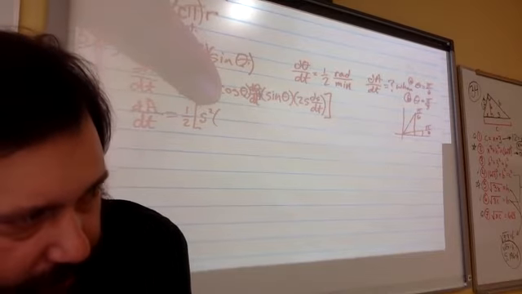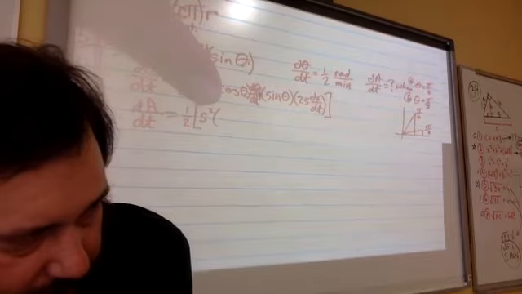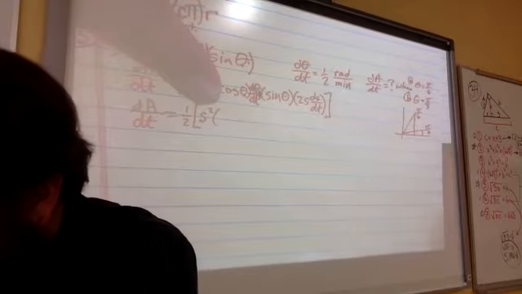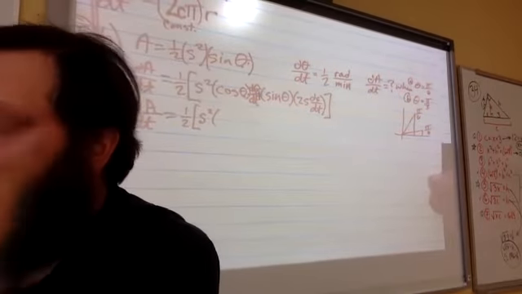Wait, what? Isn't 5 over 6 smaller than pi over 3? So shouldn't it be down here? That's a pi over 6. Oh, you're right.